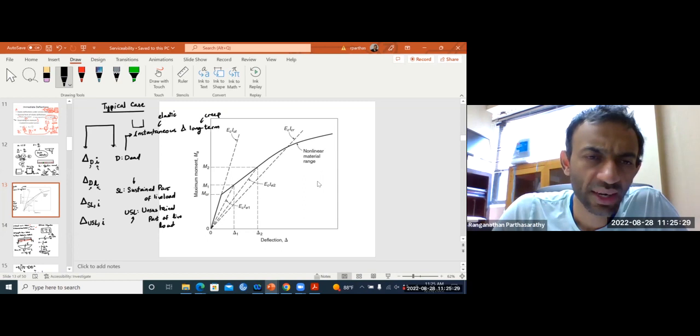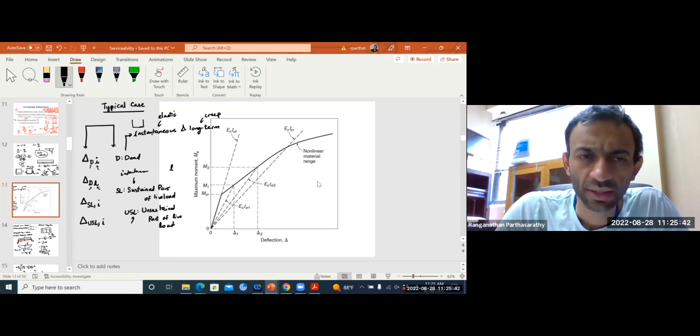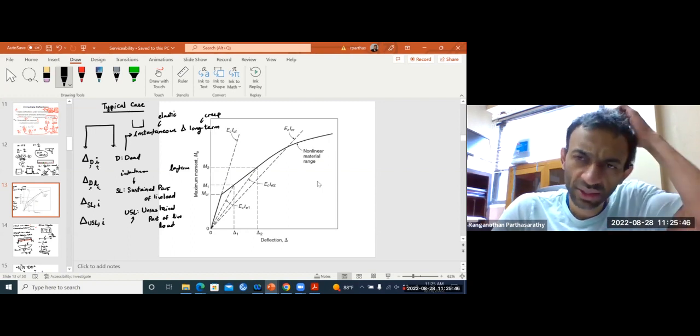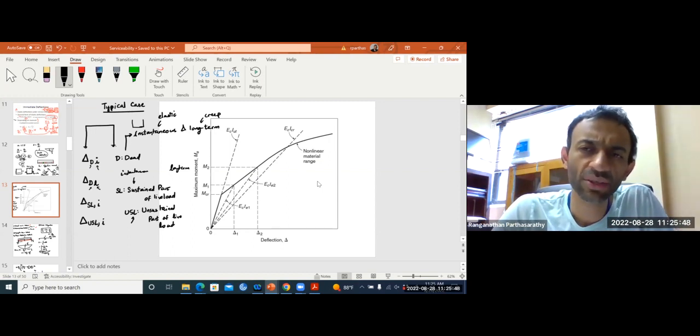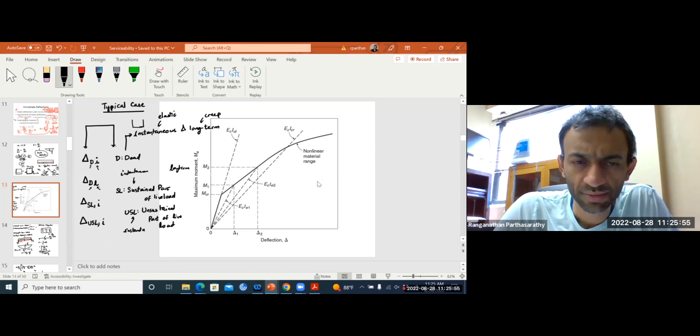Now, the sustained live load will cause both because it is there for a long period of time. It will cause instantaneous deflection as well as long-term deflection. Now, the unsustained part of the live load is not going to stay for very long, so it will only cause instantaneous deflection.